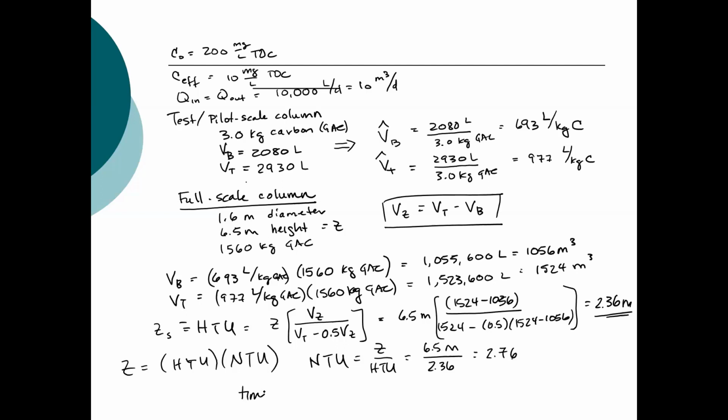And finally, the time to breakthrough is equal to the 1,056 cubic meters that we treat to breakthrough divided by the flow rate that was initially given, and that is equal to roughly 106 days.